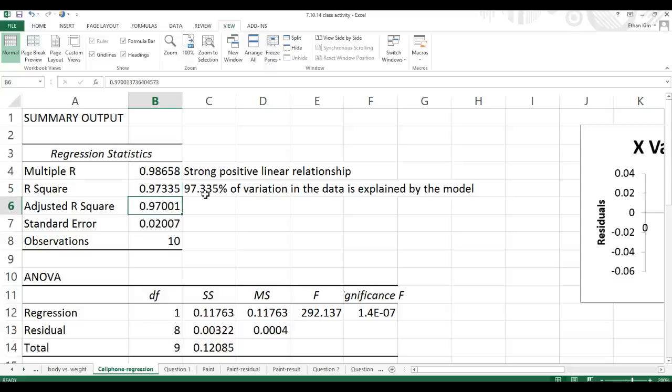So adjusted R square, we are not very concerned with that at the moment. And standard error, I wasn't going to talk about this, but I think it's better to have an idea of this. So standard deviation of the errors.